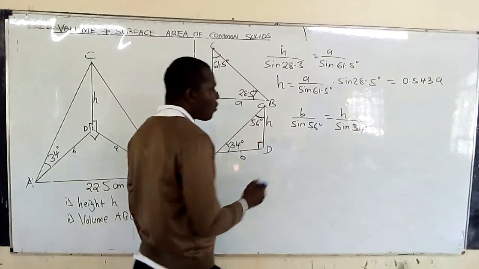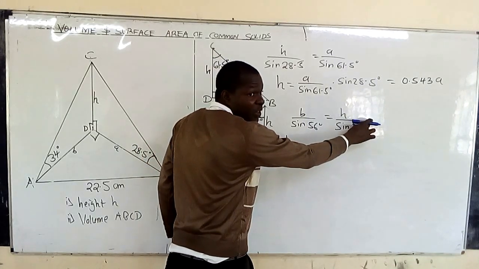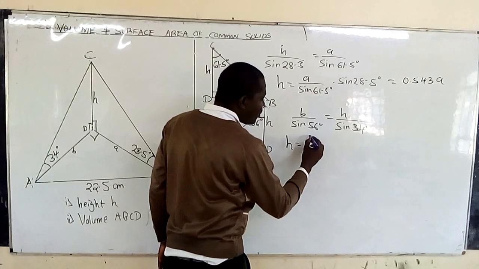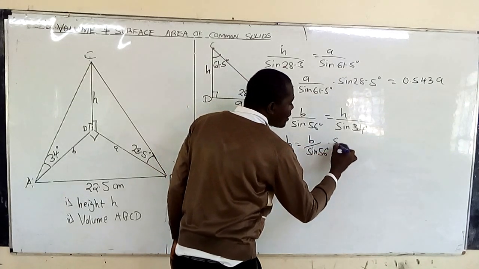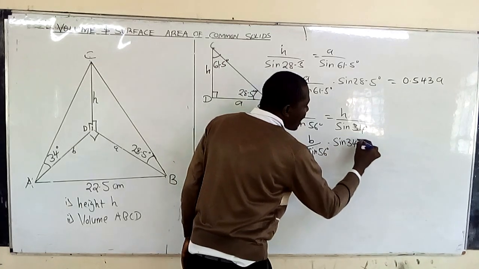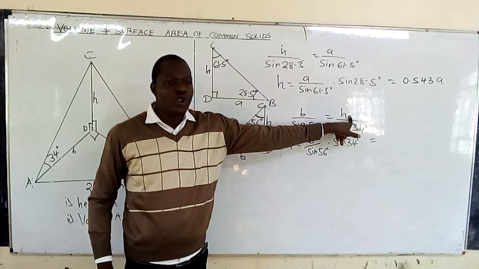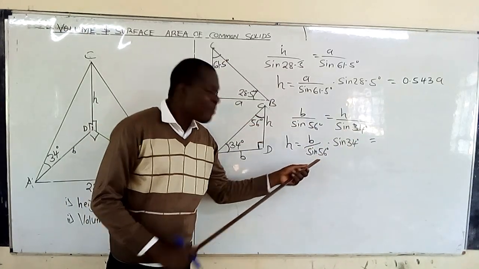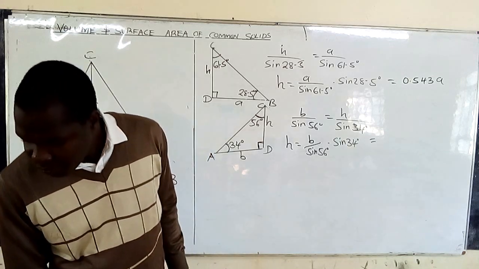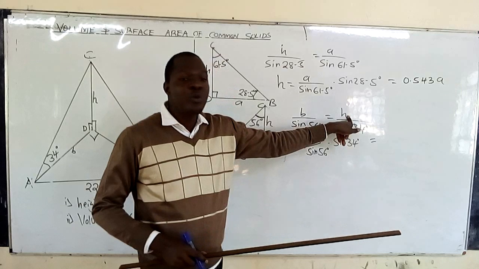Very good. So from there, what is h? You multiply both sides by sine 34 to remain with h. So you have h is B over sine 56 degrees times sine 34 degrees. You multiply both sides by sine 34 degrees to remain with h as the subject.